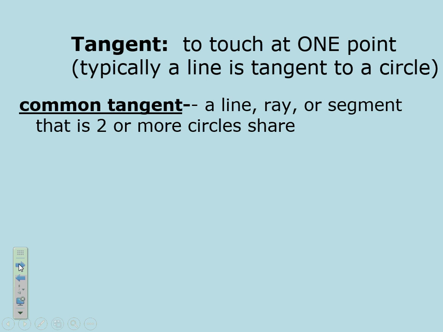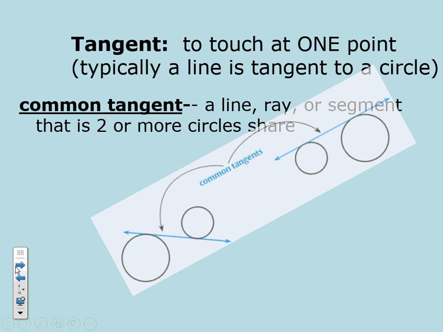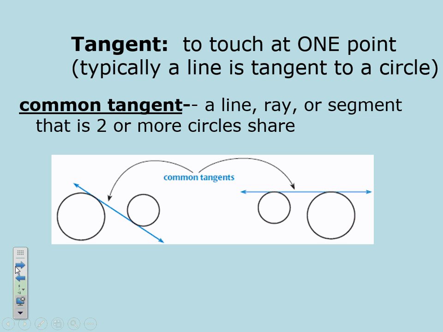So make sure you have that. And these are some examples of what a tangent looks like. This is a tangent line that touches two circles, so it's a common tangent. It is shared between two circles. This one's also a common tangent because it's shared between those two circles. Make sure you get that down in your notes.